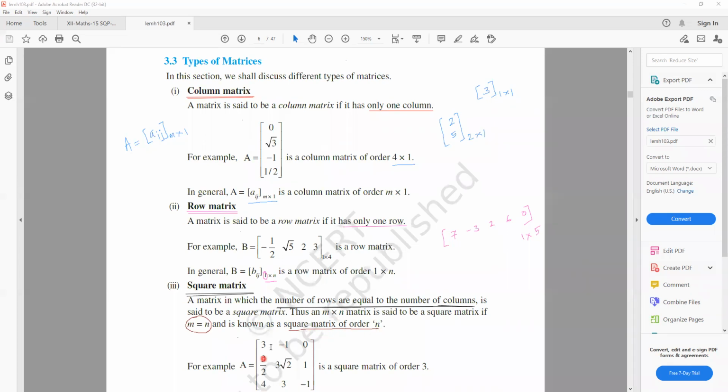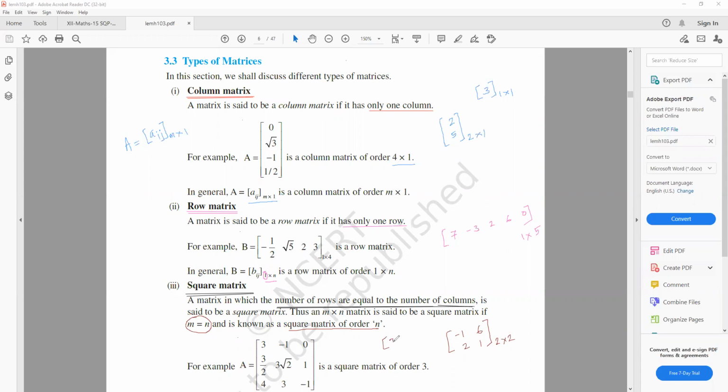So here you can see there are 3 rows and 3 columns. So this is an example of a square matrix of order 3. Another example: minus 1, 6, 2, 1. This is a 2 by 2 matrix, 2 rows and 2 columns. That's also a square matrix.